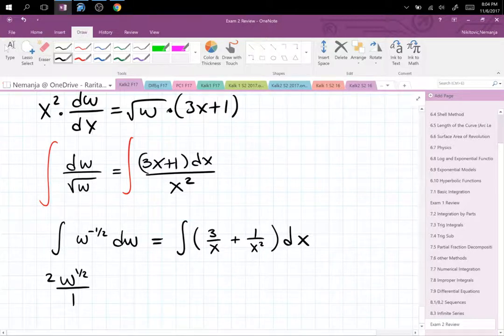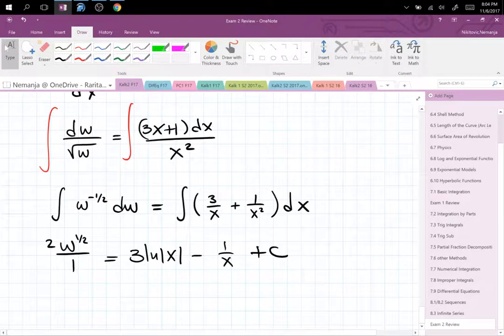So the first one now is 3 ln absolute x, and then minus the integral of this, which is just 1 over x, right? And then you have plus c. So now you divide by 2 everywhere.